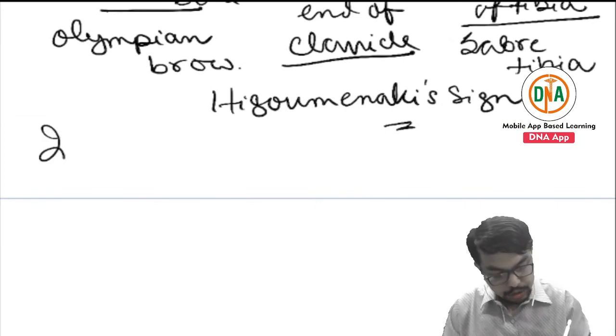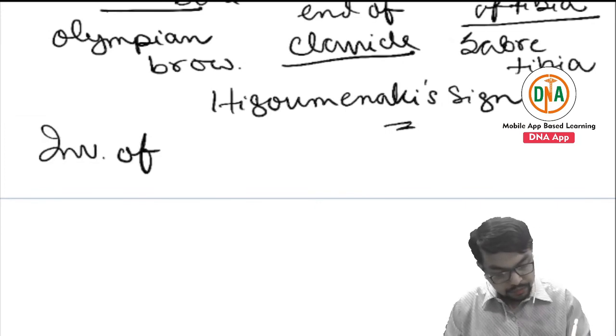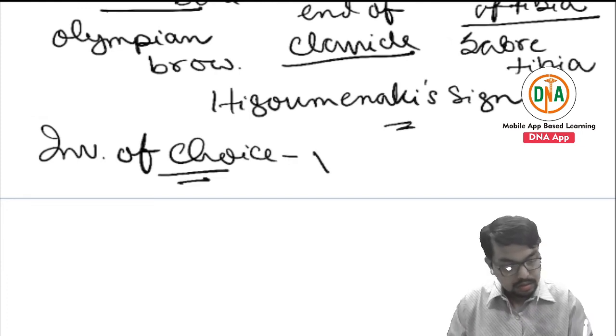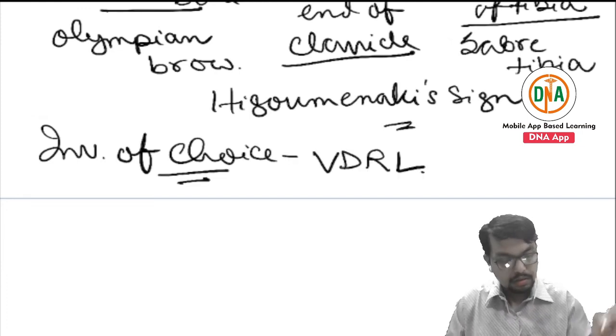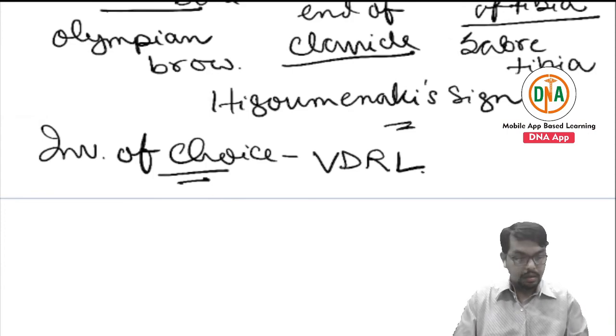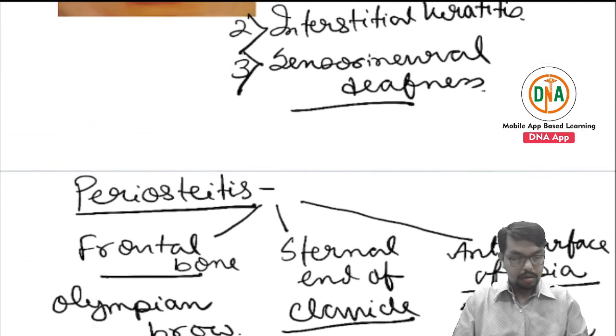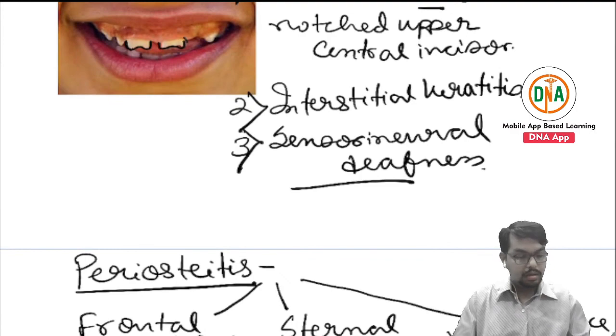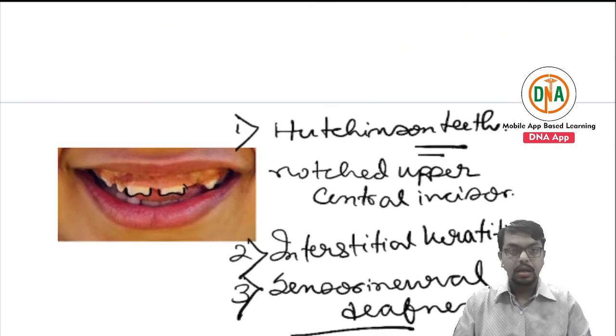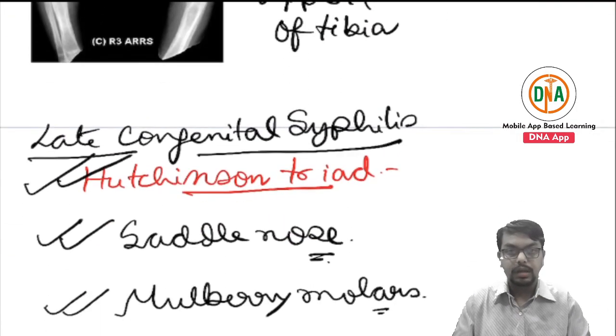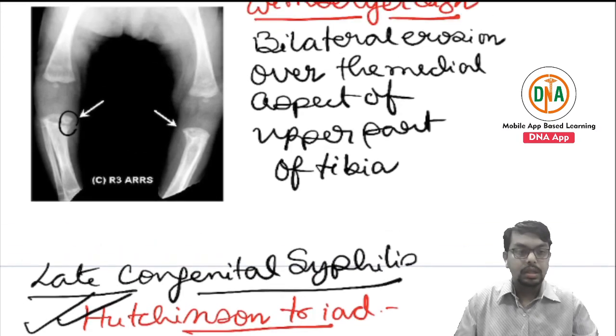Next, investigation of choice for congenital syphilis is also very rare. So these are important. Learn every named feature of congenital syphilis and all the stages of acquired syphilis in detail.